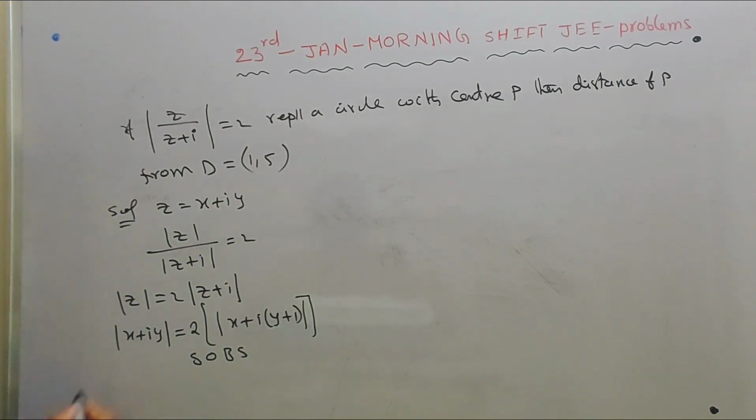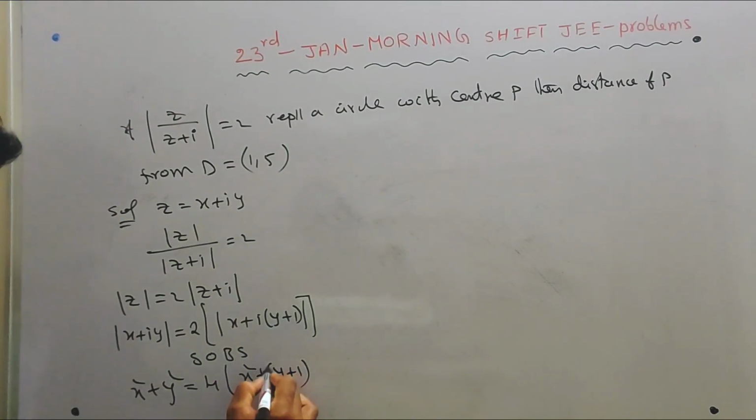If you do squaring on both sides, then you know how to find out the modulus of any complex number. So if you do squaring on both sides, the root will go, then you will get x square plus y square, this becomes 4 times x square plus y plus 1 whole square.